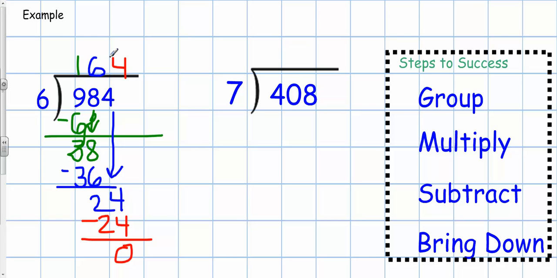I can check my answer by taking my quotient, 164, and multiplying it by 6. When I take 164 multiplied by 6, you can see that I get 984. So I know my answer is right.